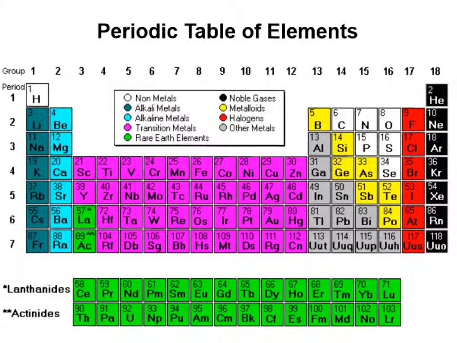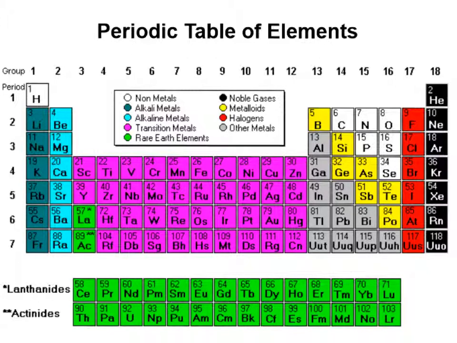Another thing to note is that right here, if you were to cut this periodic table, we could cut a little line right here and insert these two rows right here in the periodic table and basically make a very, very wide periodic table.